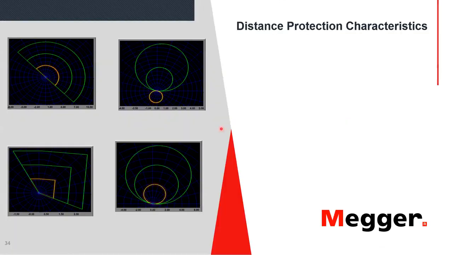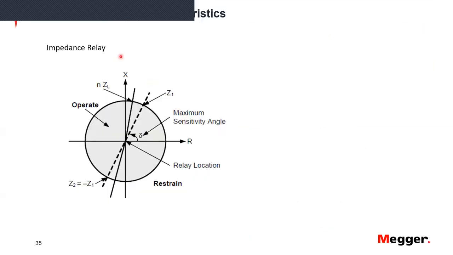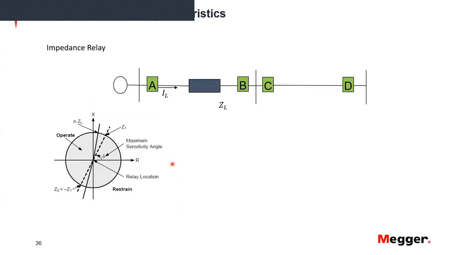And that's one of the reasons, and now we're going to talk about the distance protection characteristics, why the impedance relay itself is not a very popular option, because if we take a naive impedance relay, we can see that it can operate for any direction.